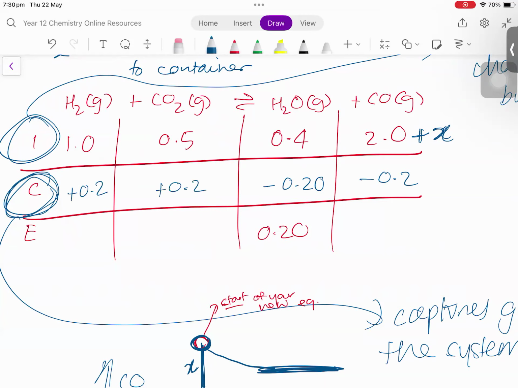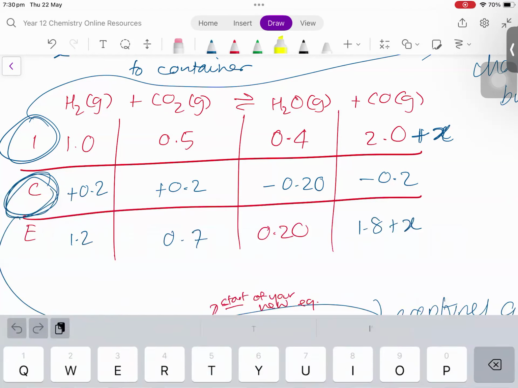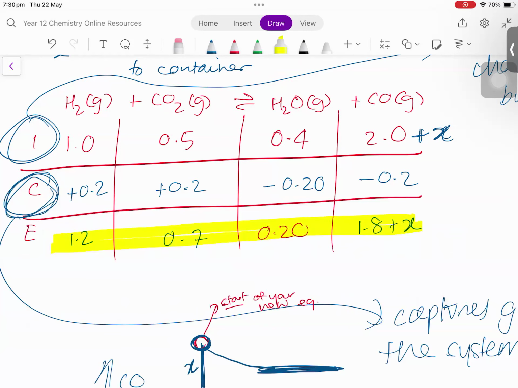So guys, what's the equilibrium for H2? 1.2. What's the equilibrium for CO2? 0.7. And what's the equilibrium for CO? 1.8 plus x. Exactly.